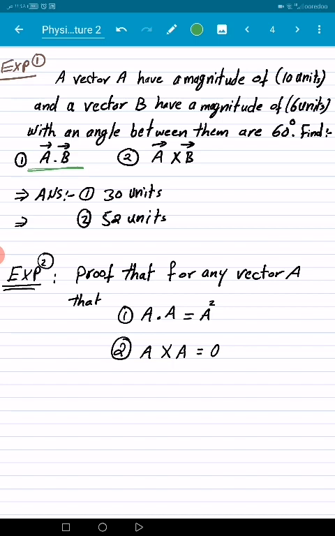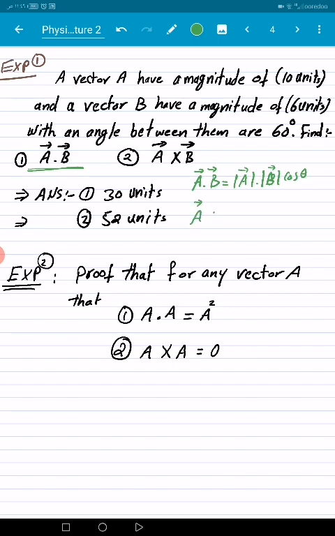Easy, it's direct. Just use the methods. A dot B is equal to the magnitude of A times the magnitude of B cosine theta.